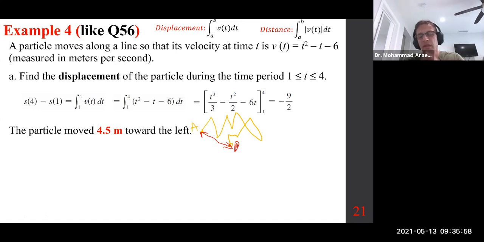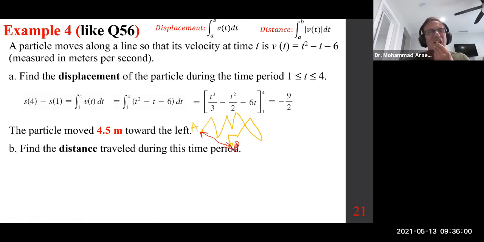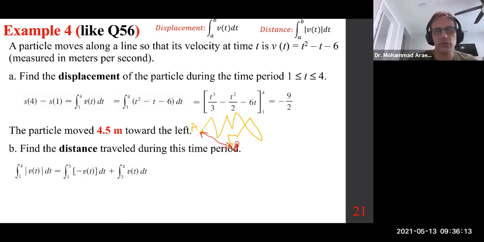That's the idea. Now, to find the distance, we find the absolute value of that. And when we look at the function, it is negative from 1 to 3 and positive from 3 to 4. We find it in this manner.